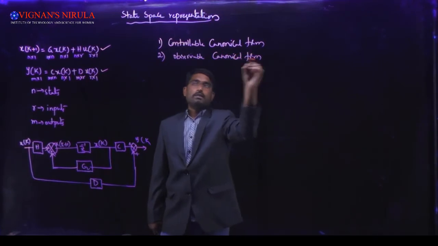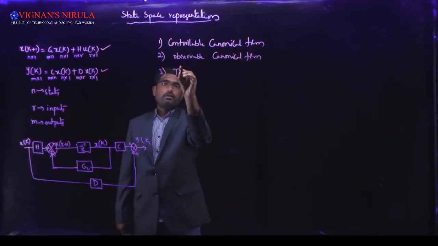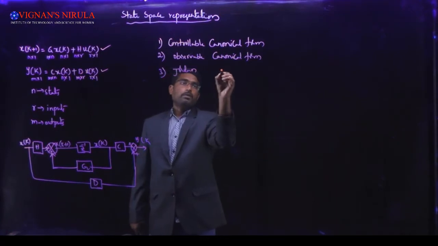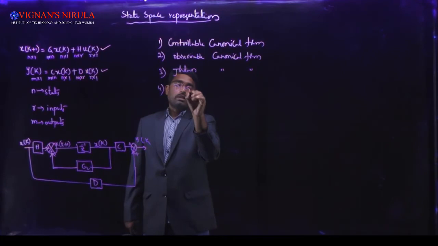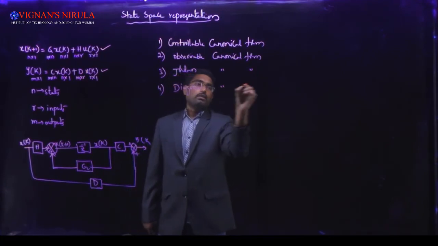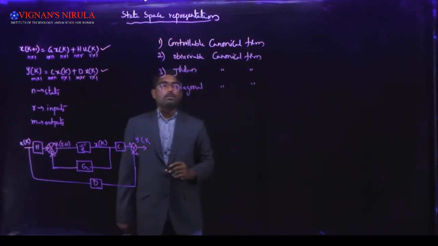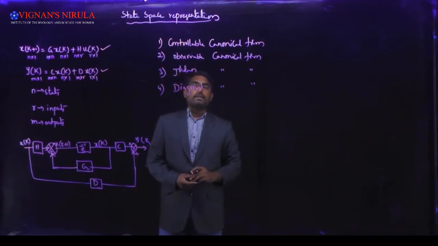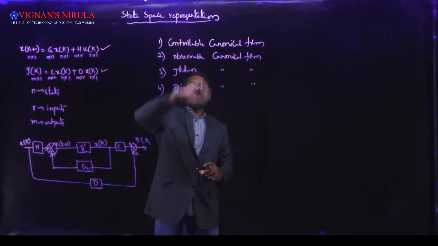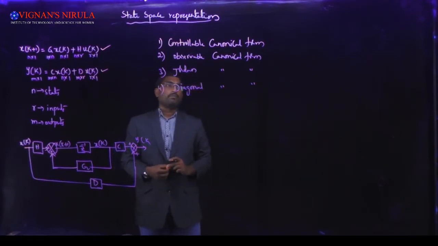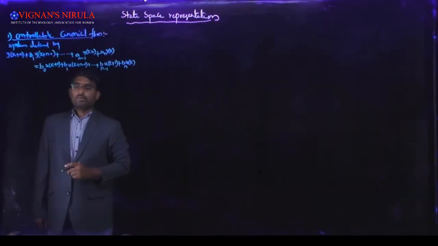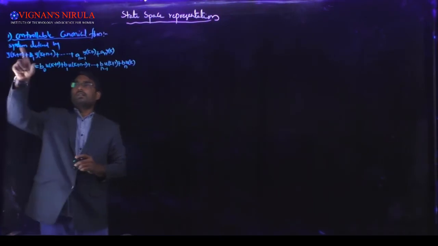The third one is Jordan canonical form. And the fourth one is diagonal canonical form. By using these four forms, we can represent a given discrete time system in state space representation. Now let us see the first one, controllable canonical form.